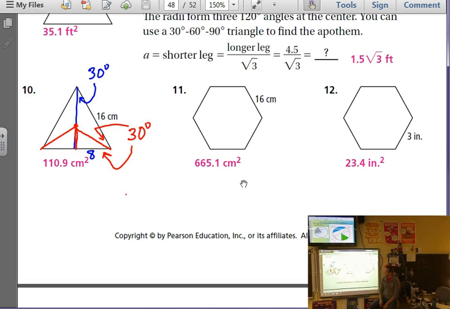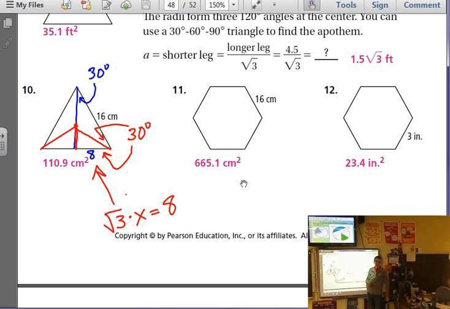Yeah. So in my head, how this makes sense is 30, 60, one of them's double the other. But I can't think of that as direct correlation with the legs because my hypotenuse is twice my short leg, which here is the apothem. So 8 is actually radical 3 times something, and that something is my apothem.